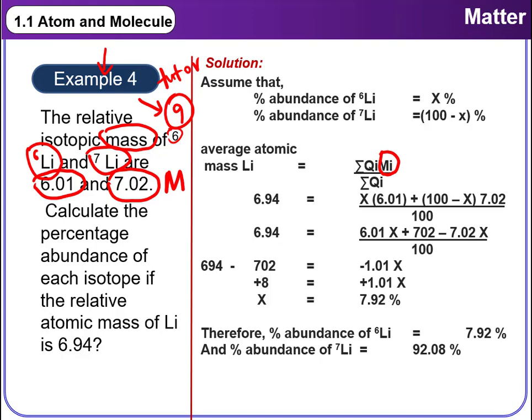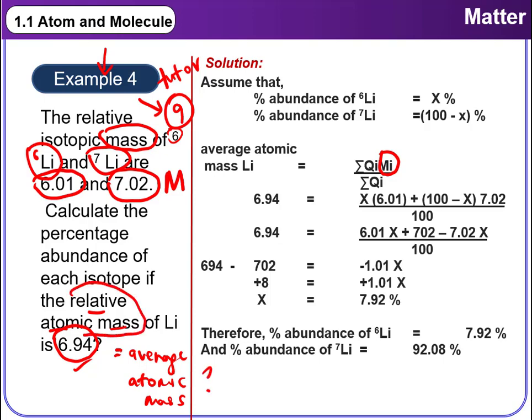You have to calculate the percent abundance for each isotope, if the relative atomic mass is given as 6.94. The value of 6.94 is the same as the value of average atomic mass. But what is the difference between relative atomic mass and average atomic mass?